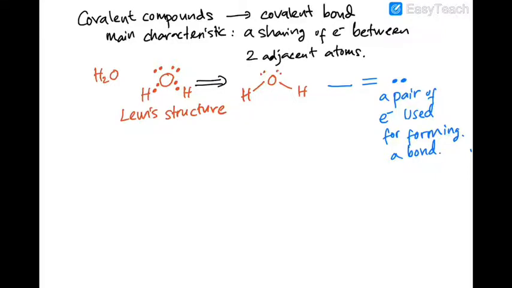For short, we can also refer to this as a bonding pair, a bonding electron pair. And this one, because they are not used for binding, we normally call them lone pair electrons.